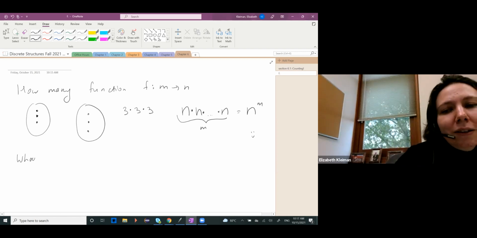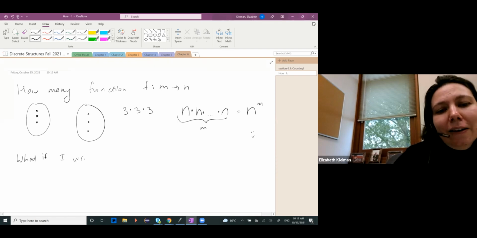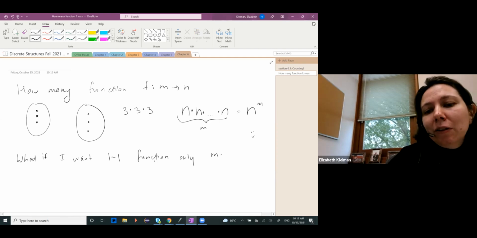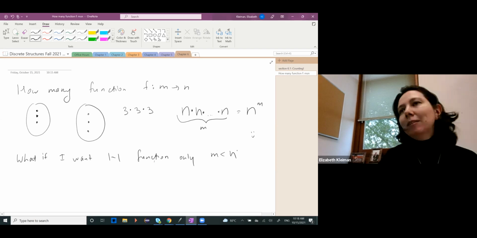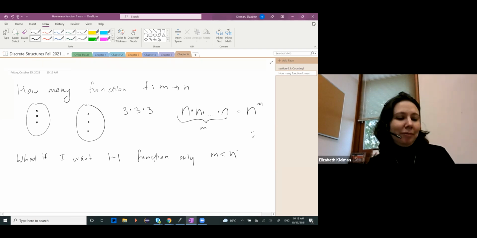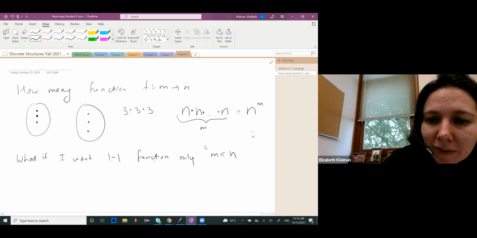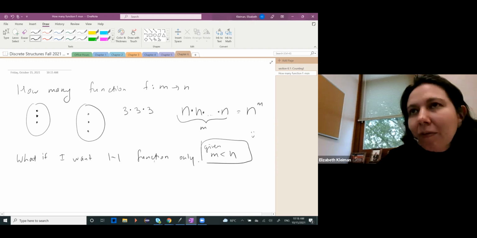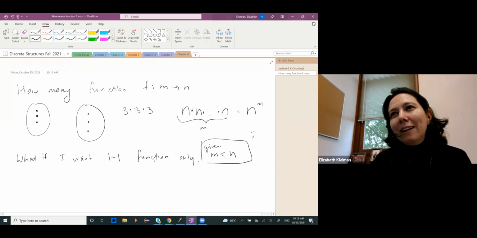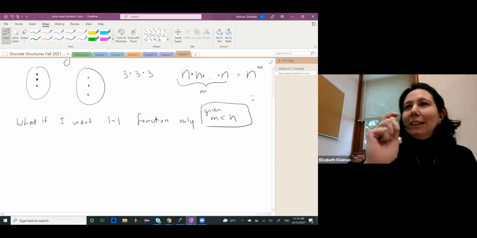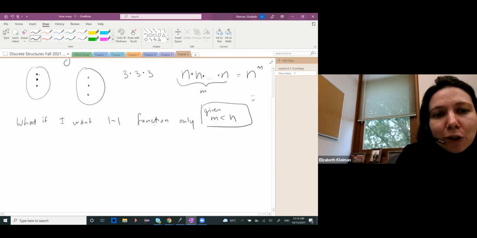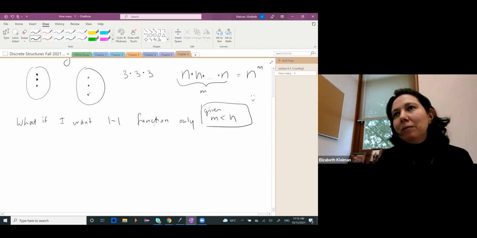Now what if I want a one-to-one function? And I will know that m is less than n for sure. How would I do that? Well, let's try and separate it again. The very first dot, in how many ways can I map it?